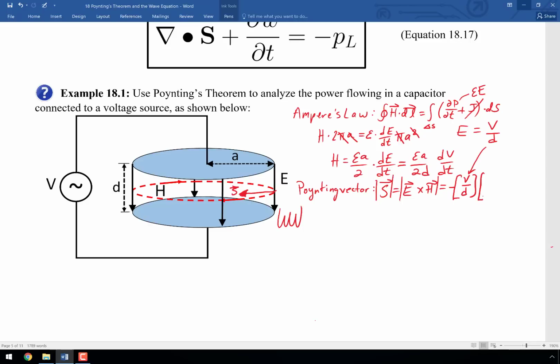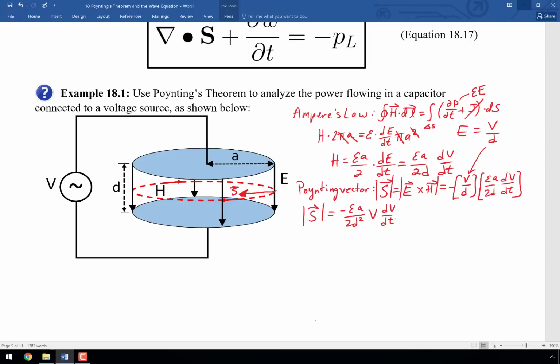And then my quantity for H is epsilon a over 2d dV/dt. And let's see if there's anything that cancels. Nope, there isn't. So let me get rid of those four fingers there. The magnitude of S is equal to minus epsilon a over 2d squared V dV/dt.